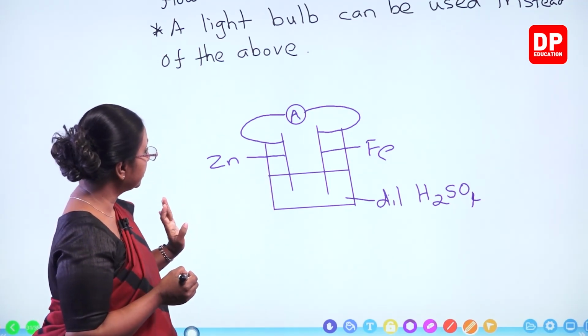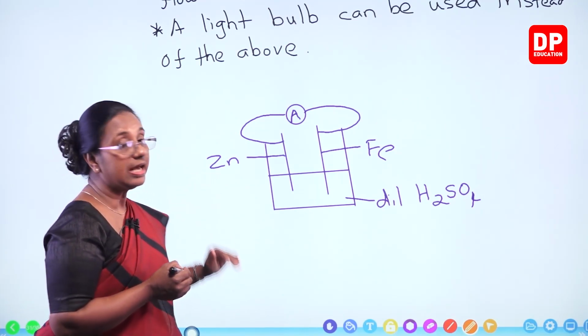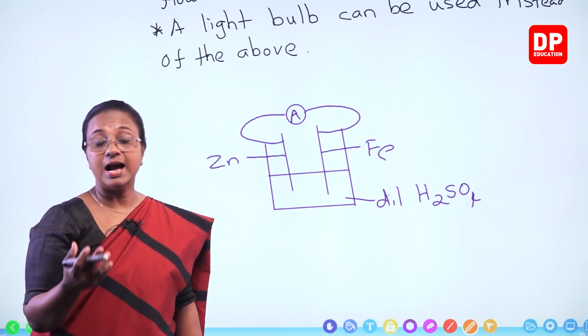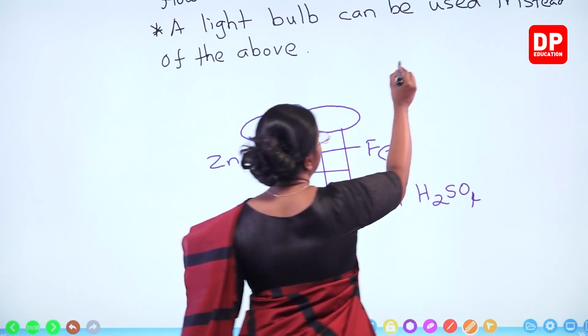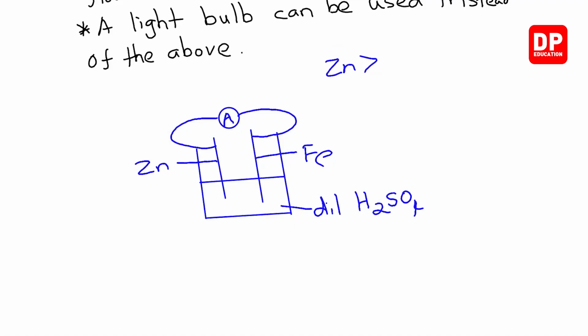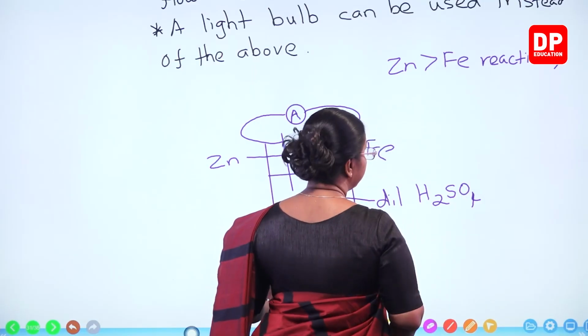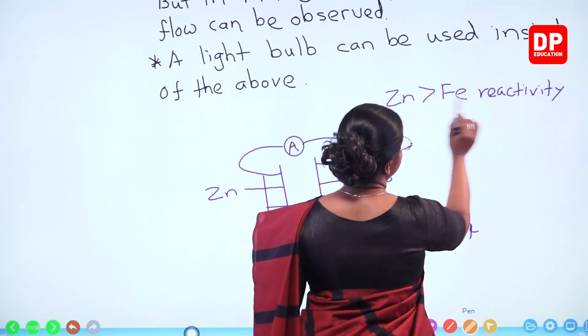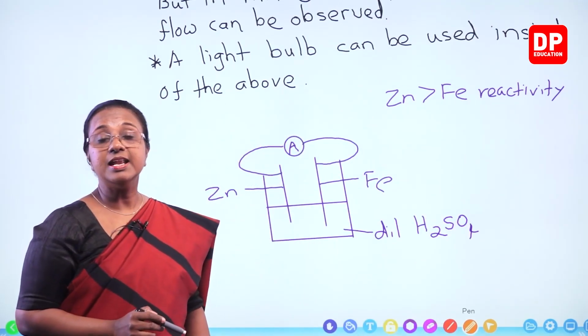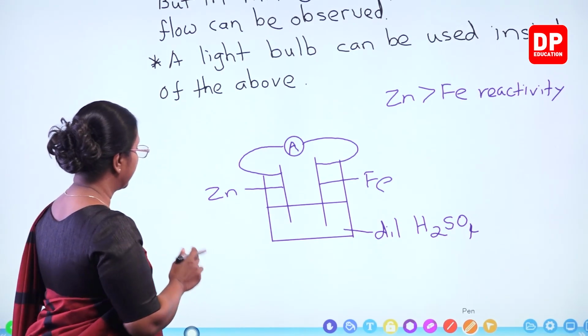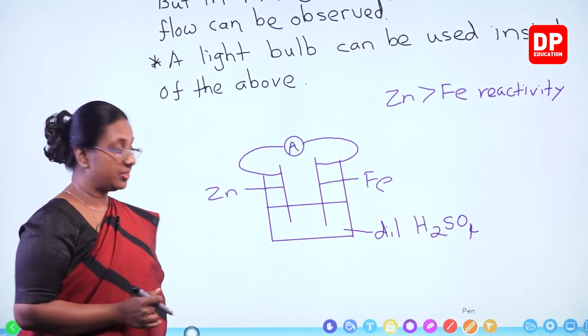And here, what do you think happens? Now zinc is more reactive than iron. So here you have to remember that zinc is more reactive than iron. So because of that, zinc will undergo oxidation.